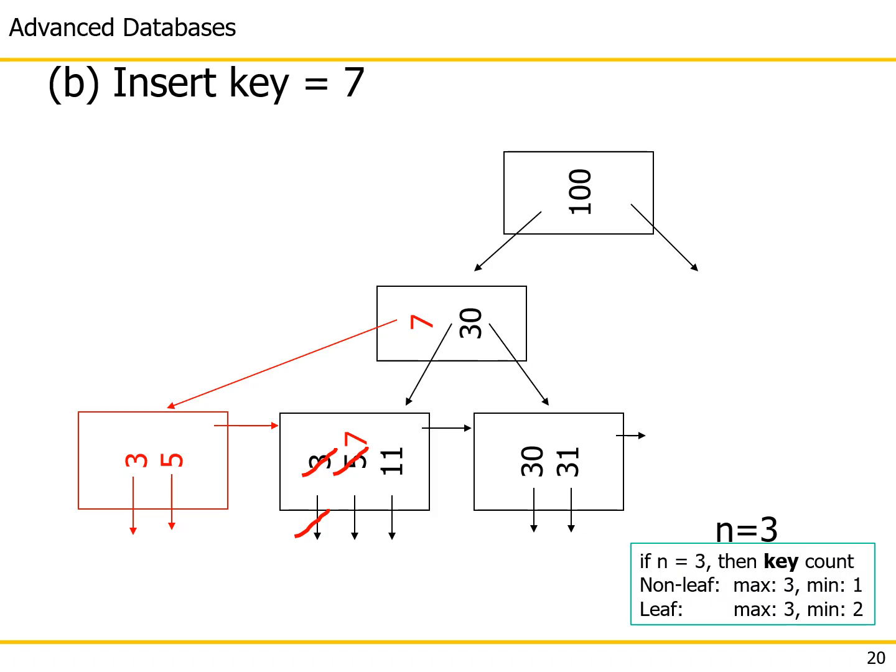I'm going to add the reference and add a key. Now the question is, which key? We have to remember the B+3 invariant, which is the same as the binary search tree invariant. Any value that appears to the right has to be greater than or equal to that value. Okay?